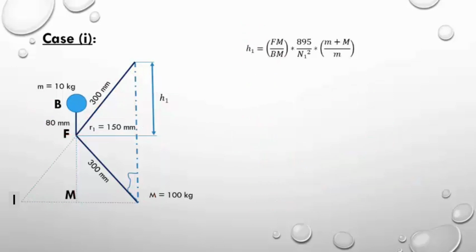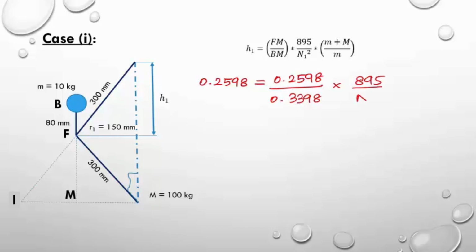Now we can use this formula. H1 is 0.2598 meter, Fm is also 0.2598 meter for the present case, Bm is 0.3398 meter, into 895 divided by N1 square, into small m value is given in the problem as 10 kg plus capital M is 100 kg, divided by small m.